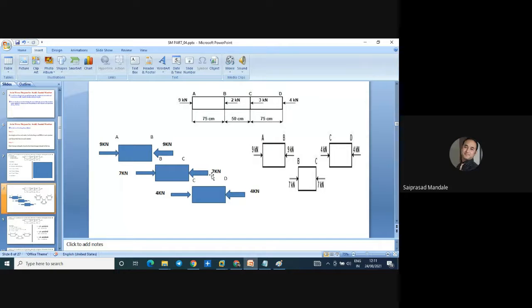Compressive. 7 kilonewton, tensile or compressive? Compressive. 4 kilonewton, tensile or compressive? Compressive. Compressive means that, because of the application of these forces, the structural member is subjected to compressive forces. So there is an elongation or compression in the structural member.